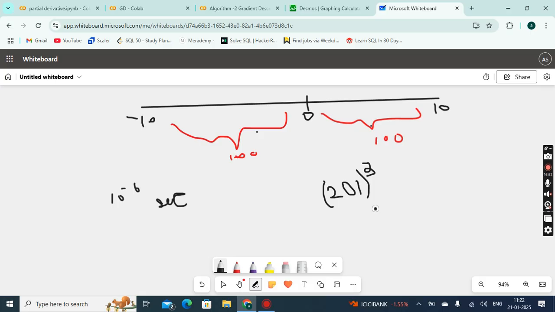Now if you multiply this with 10 to the power of minus 6, it will take around 8 seconds. This is something called a basic calculation.